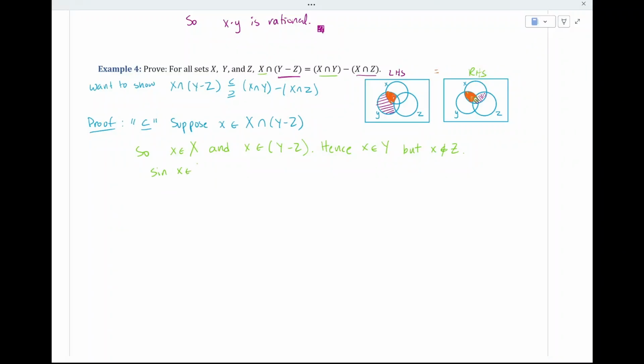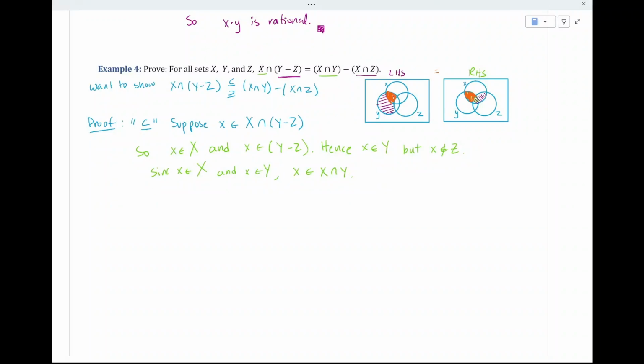Since little x is in X, and little x is in Y, little x is in X intersect Y. That's what it means to be an intersect, so it has to be in both pieces. You'll remember that from our rules of inference, possibly.